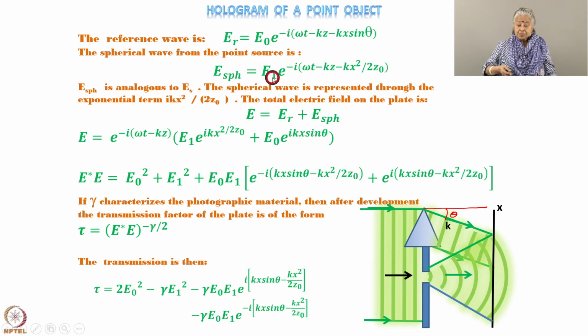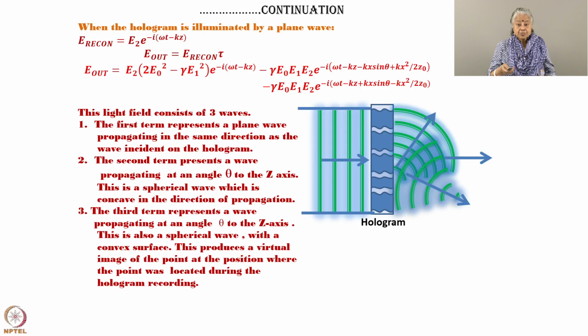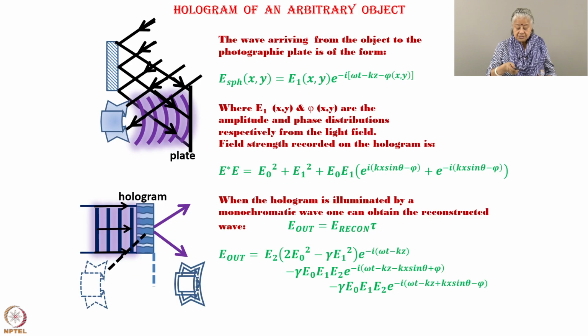But now my object, in place of a small point source, I have a large object, and the amplitude itself will have a structure. It will not be constant all over, which you can see from this object here. Okay. It is not going to be constant. So, that is why I have to include a term which is E1 xy.